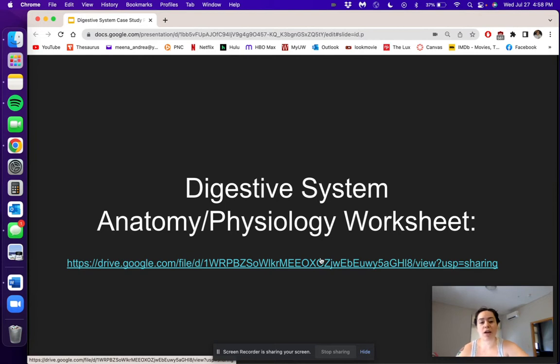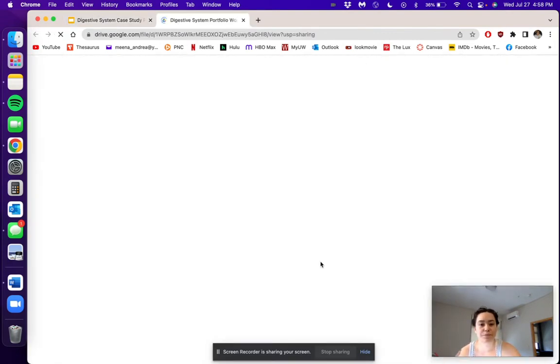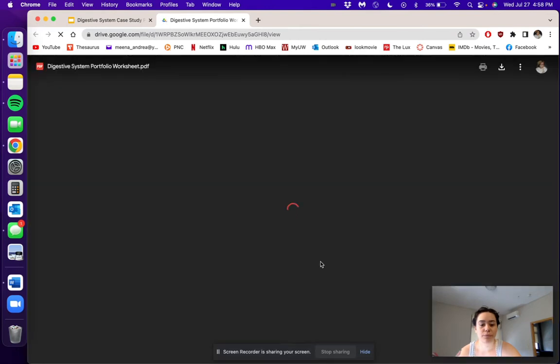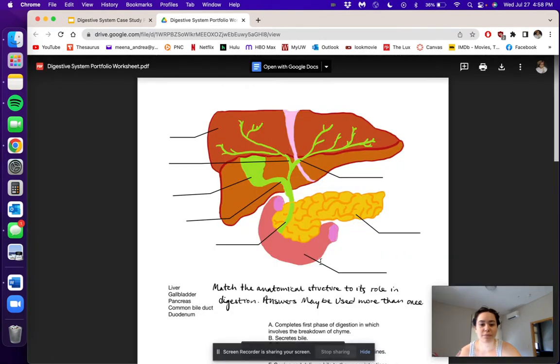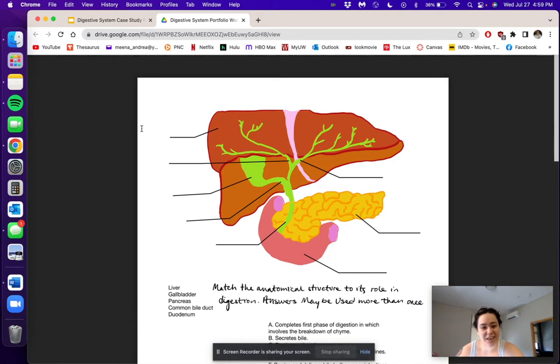And here I've attached a link to a digestive system worksheet that I've created, looking at the structure and the function of the organs that are involved in this case. And we'll look at that. Here is a diagram of some of these structures that are involved in this system. I drew it.